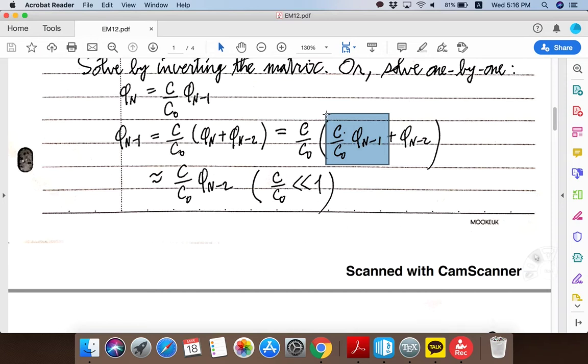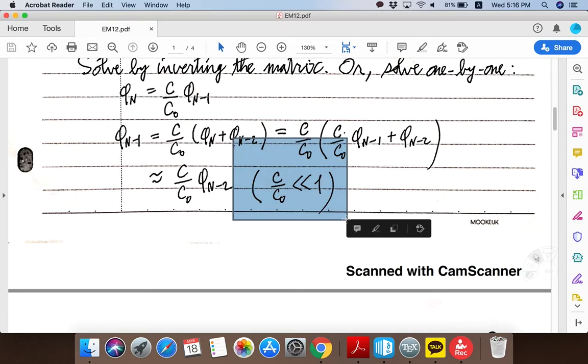However, if we introduce an additional assumption, namely that the size of the mutual capacitance C is much smaller than the size of the self-capacitance C0.